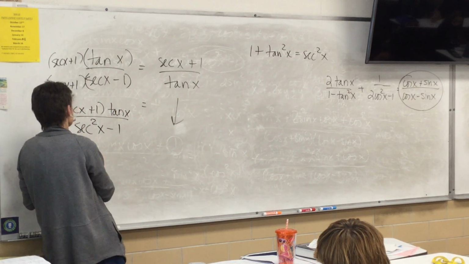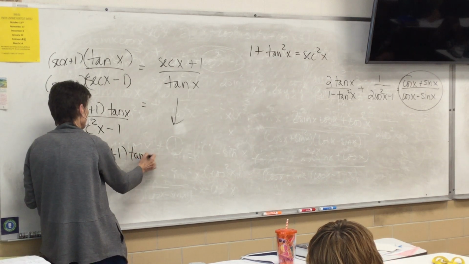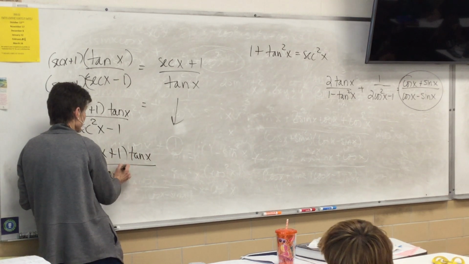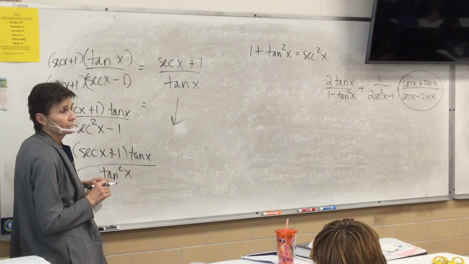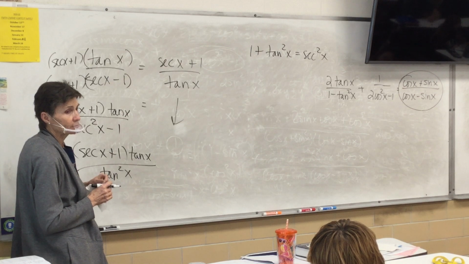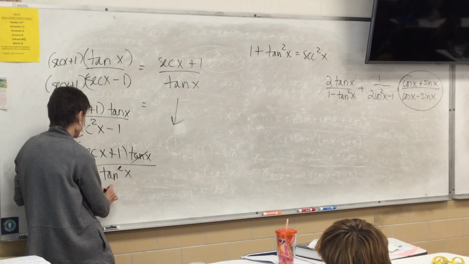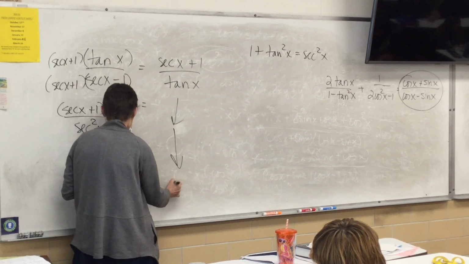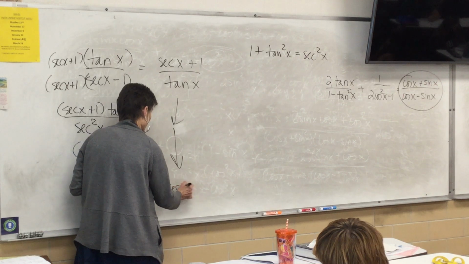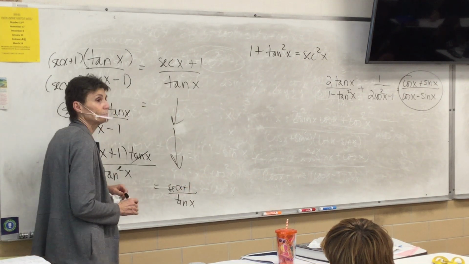Tangent squared. So now I have secant plus 1 times tangent over tangent squared. And what's going to happen? Tangent's going to cancel, and I'm going to be left with secant plus 1 over tangent, which is exactly what I wanted to end up with.